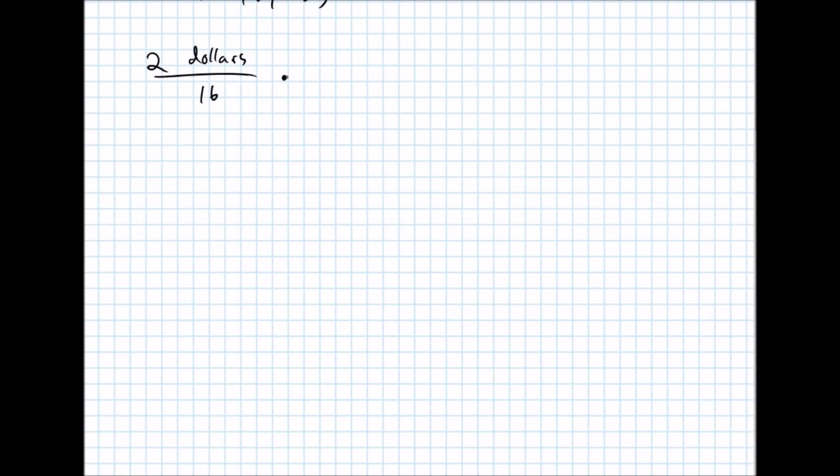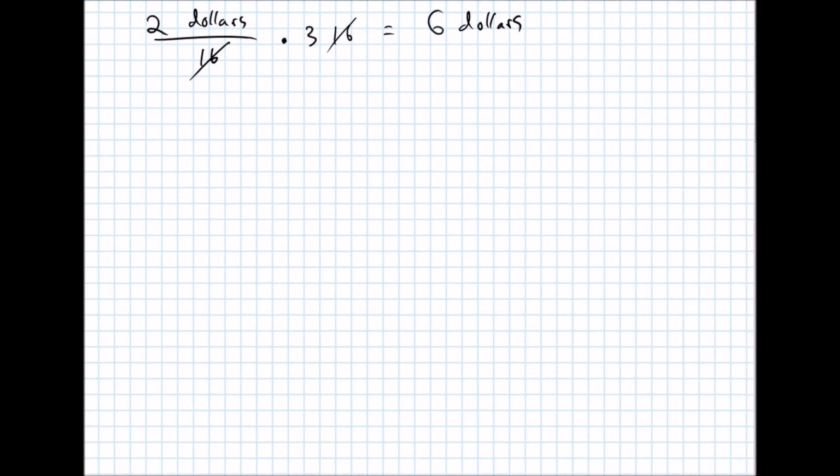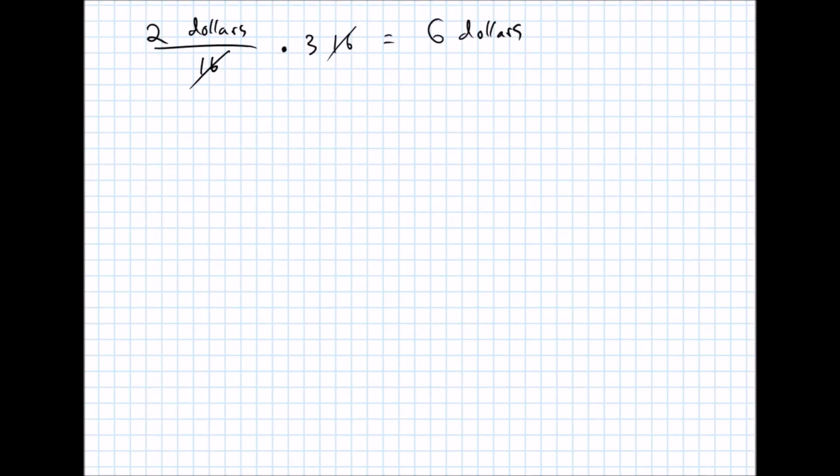Well, if I multiply by 3 pounds, the pounds cancel, and I'm left with $6. That's how much it's going to cost. So you probably already knew that's how that was going to be, but really you were performing unit analysis to find that out.